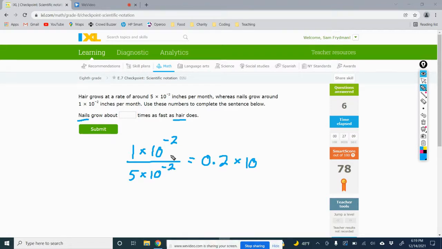Or you could just think of it that negative 2 minus negative 2 is like negative 2 plus 2, which is 0. Okay, so 10 to the power of 0 is just 1. So 0.2 times 1 is just 0.2. So we're just going to write 0.2 over here. So nails grow about 0.2 times as fast as hair does.